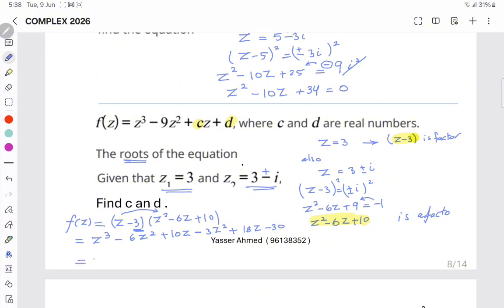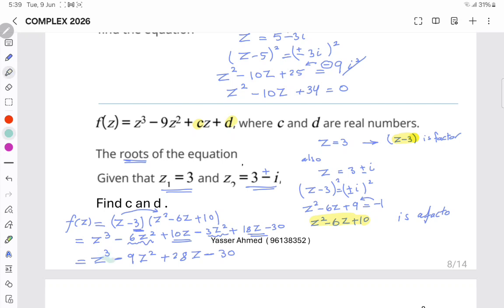Now, collecting like terms, I have only one term involving z cubed. Here, for z squared, negative 6 and minus 3, it will be negative 9z squared. For terms involving z, I have here positive 10z plus 18z, it will be positive 28z. Finally, the constant value, only one value, which is negative 30. Now compare that with the given.